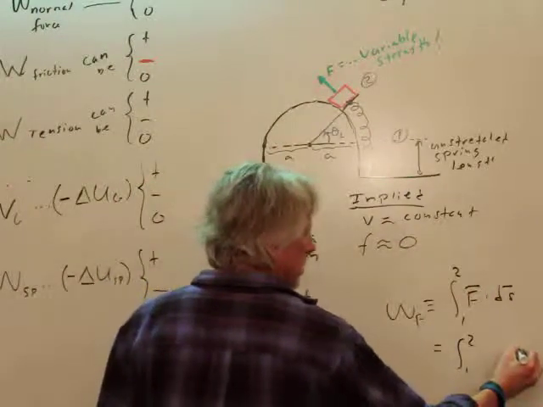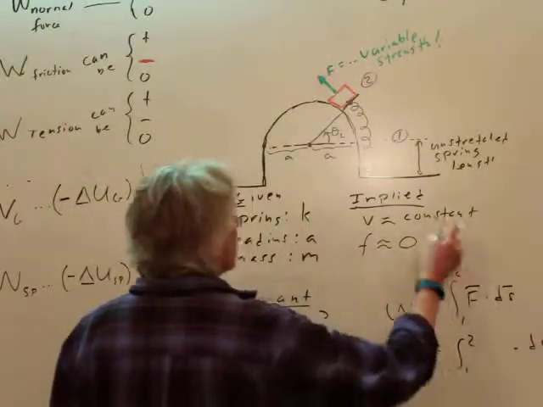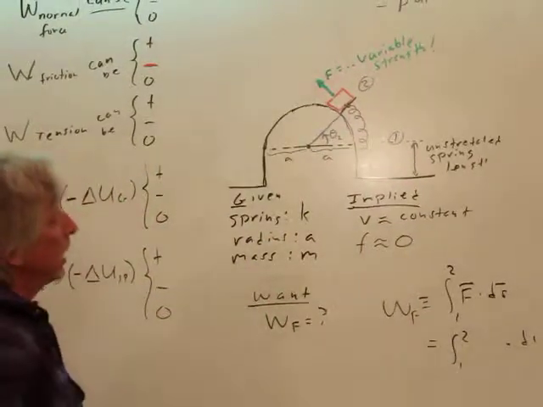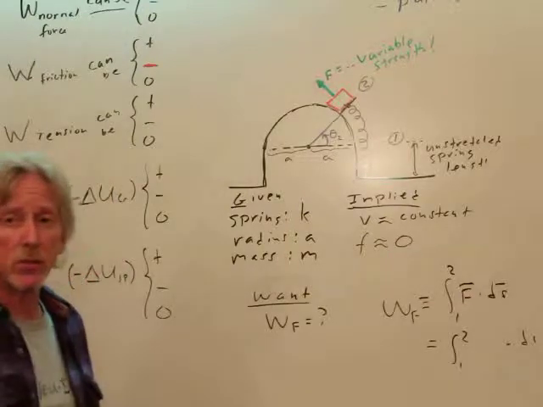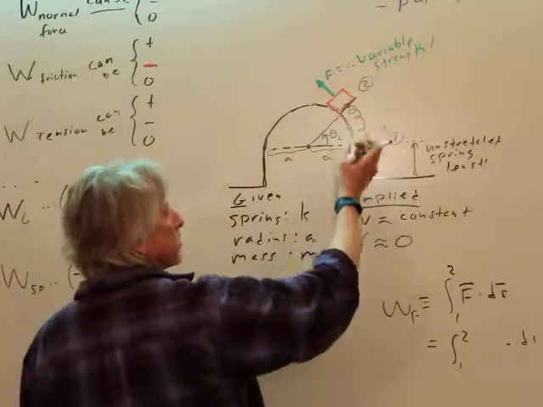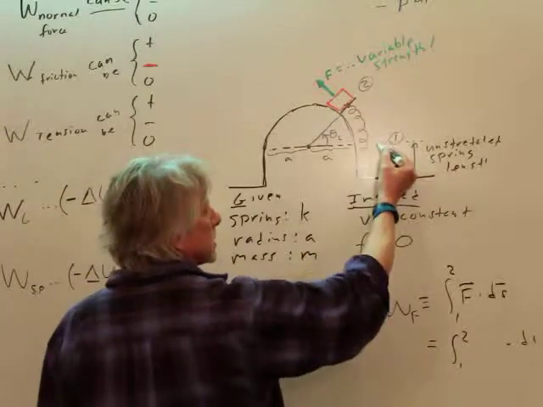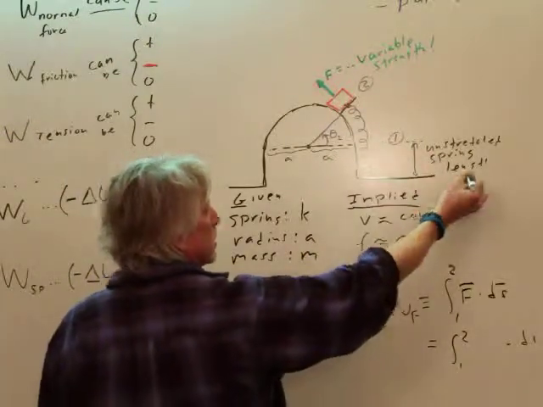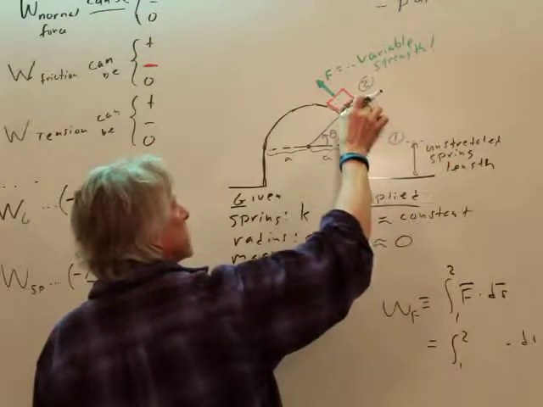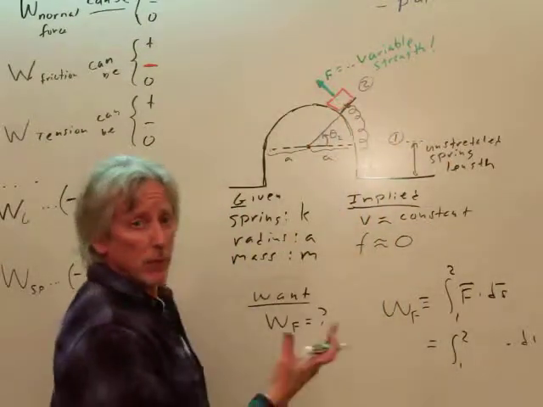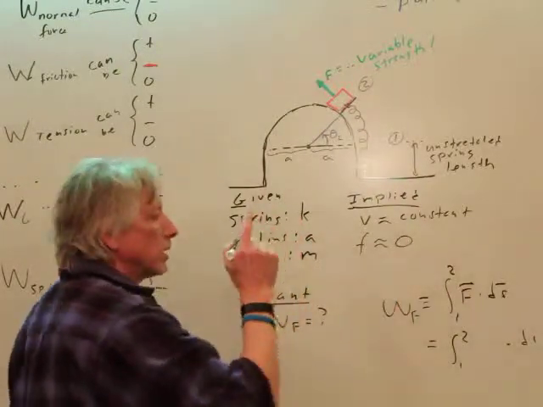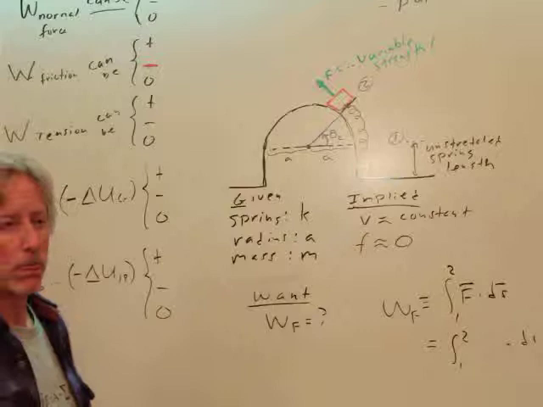You might go, well, I'm pulling against that spring, and I'm not changing the speed. So maybe my pull is exactly equal to the spring pull back, because this is the unstretched spring length here. So maybe my F is just the spring force, opposite. That's wrong. Why is that wrong?